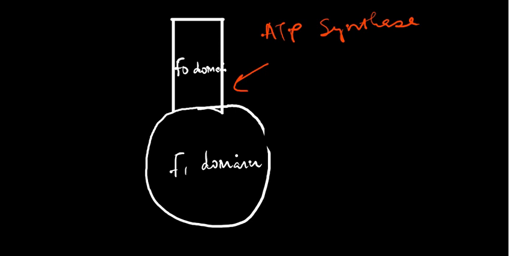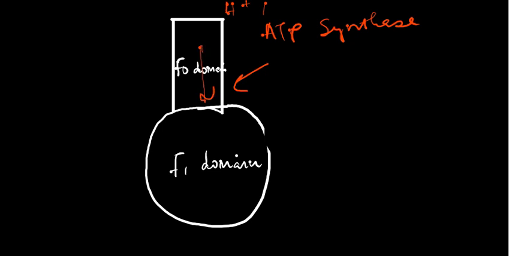So what exactly is happening? The chemiosmotic hypothesis proposes that the protons actually re-enter the matrix by passing through this channel in the membrane.